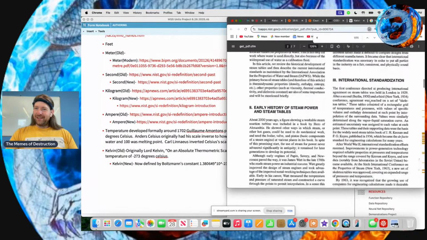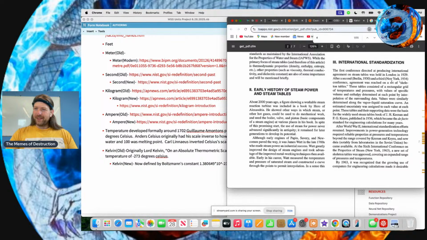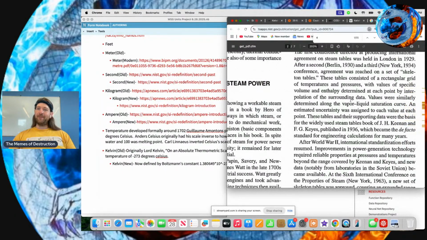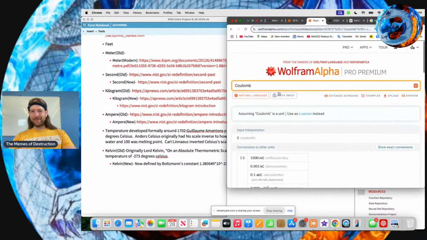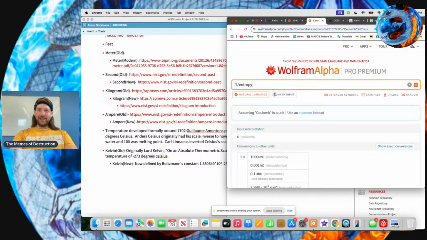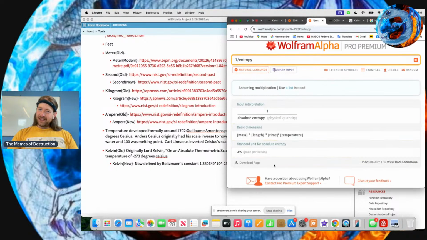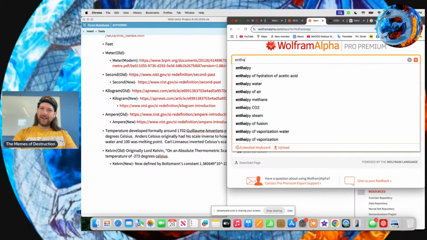Begin international standardization. A set of skeleton tables consisted of a rectangular grid of temperatures and pressures with values of specific volume, enthalpy, not entropy. I think that's inverse entropy. Hold on, 1 over entropy. And hold on. Enthalpy.